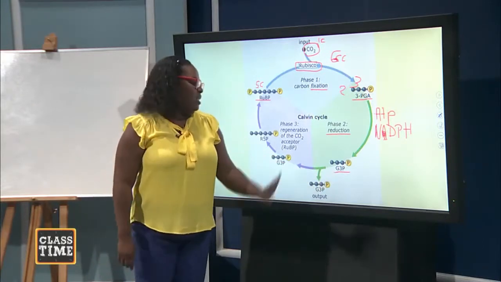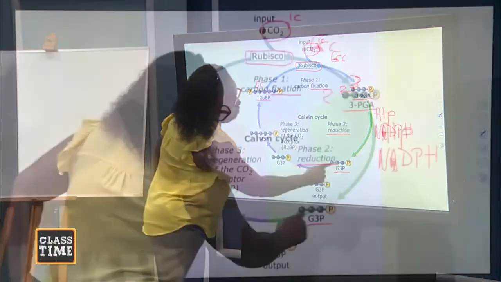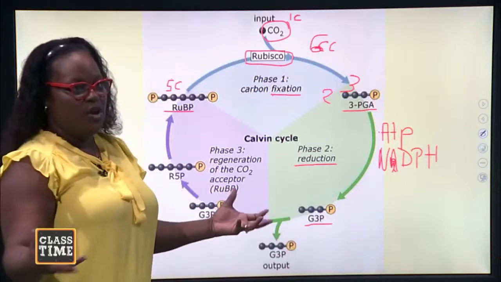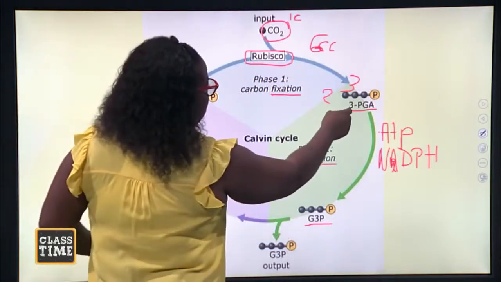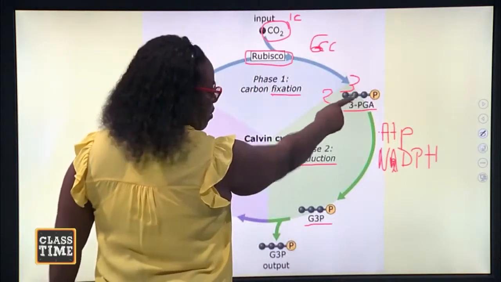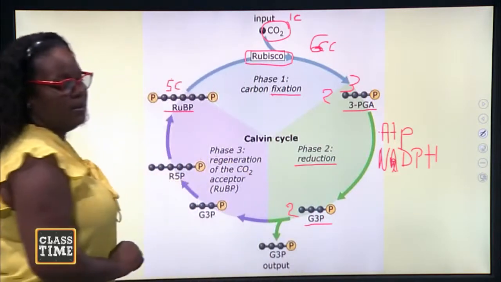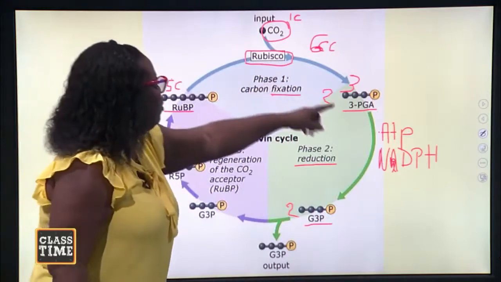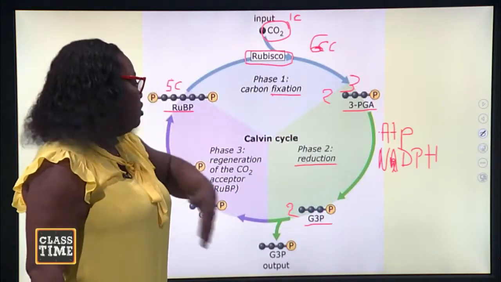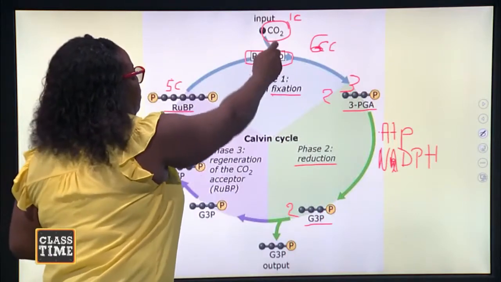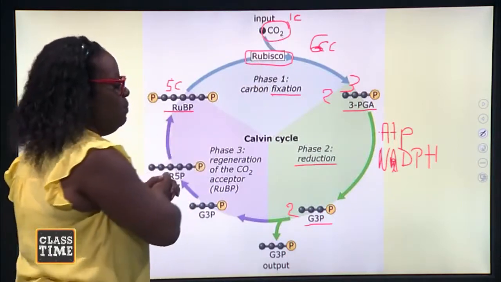As you can see, there are still 3 carbons in this substance, sometimes called a triose phosphate. If we had 2 of them up here, you will still have 2 of them here as well, because you still have not lost any carbons. You still have your same 6 carbons after the initial reaction between carbon dioxide and RuBP.